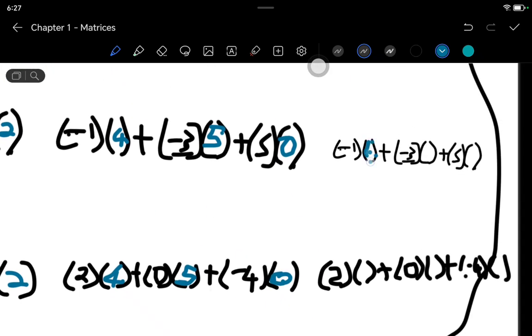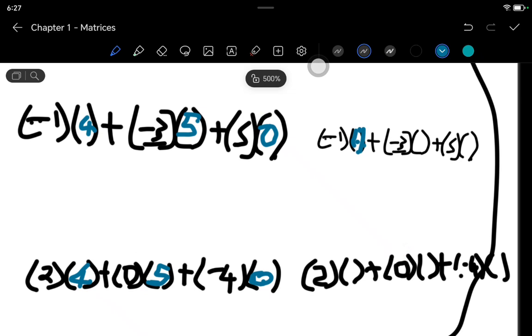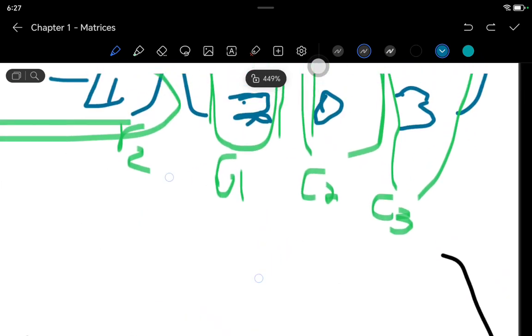This is 4, 5, and 0. No, this is the third column. Let me check. I mistakenly wrote the second column on the third column, so make sure that you don't make such a mistake. Then we go back to check the third column.